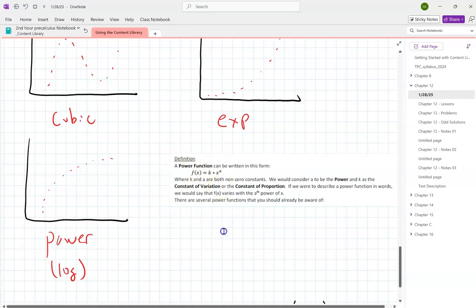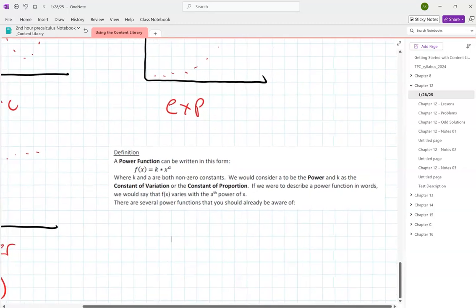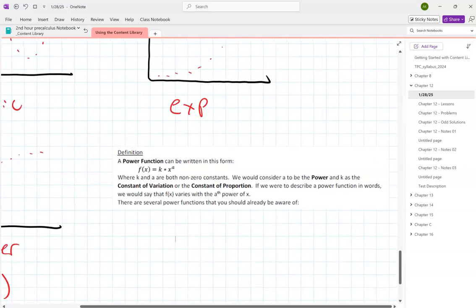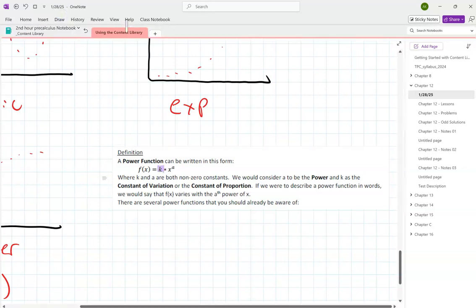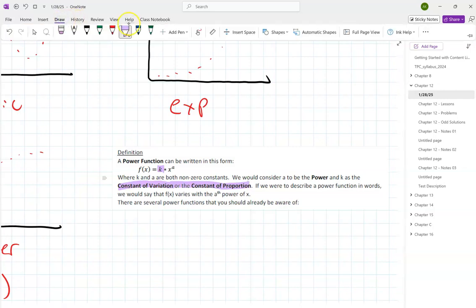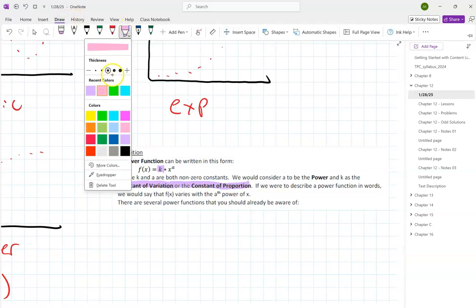So a power function is something where f of x is equal to k times x to the a, where k and a are both non-zero. We call k the constant of variation or the constant of proportion. And we call a the power.